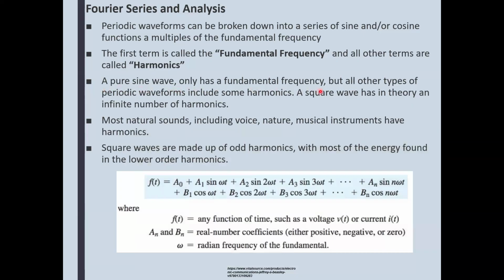A pure sine wave only has a fundamental, but all the other types of periodic waveforms include harmonics, a square wave, most natural. Okay, a square wave is made up of odd harmonics, which we just showed on the little simulation there, with most of the energy found in the lower order harmonics.